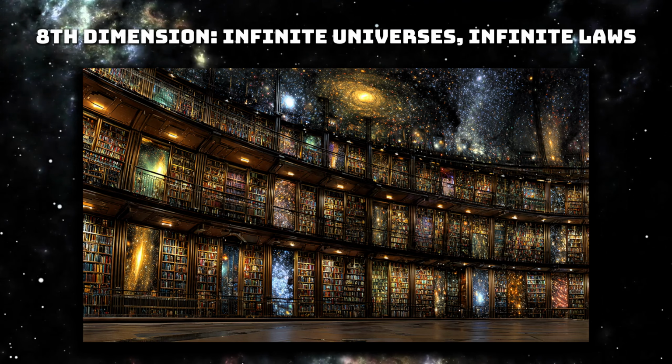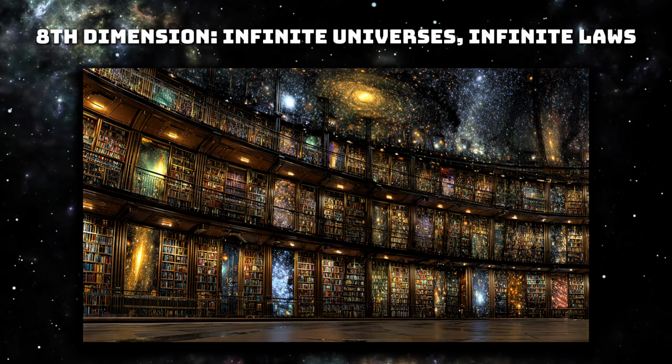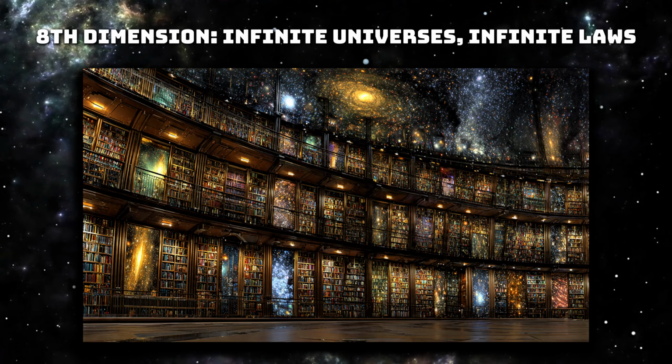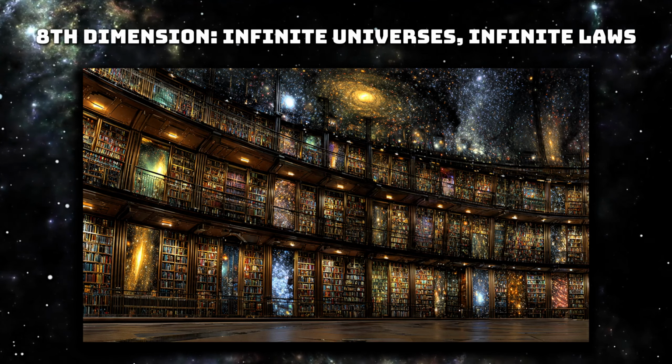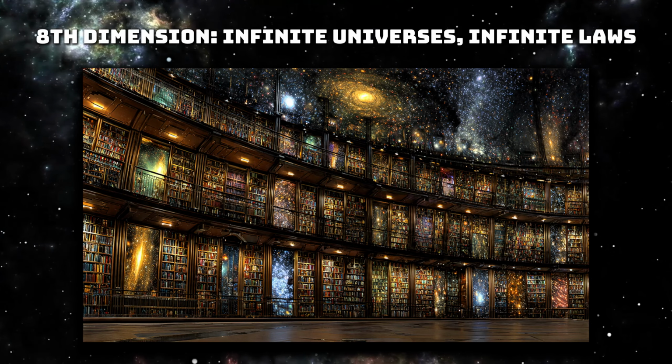Imagine an infinite library where each book contains the complete design of an entire universe. Some books describe universes similar to ours. Others contain bizarre alien realities. And others still describe universes that are too strange for the human mind to imagine.